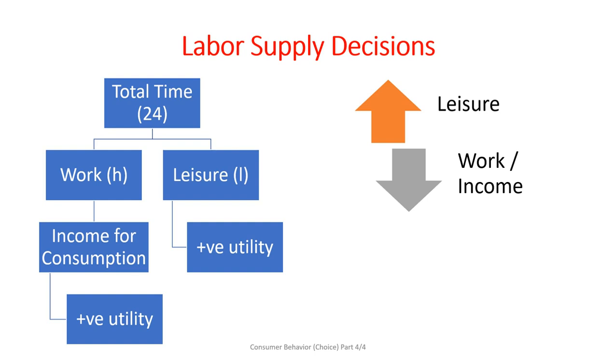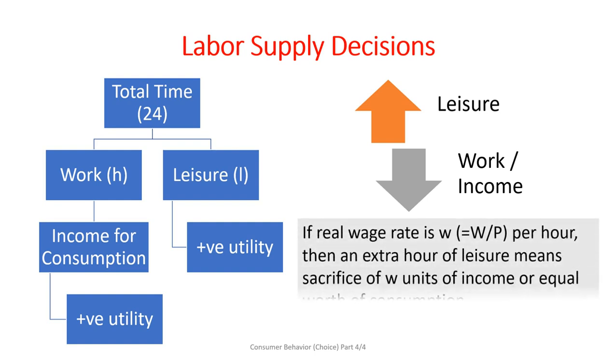So we can say that if the real wage rate per hour is W, then an extra hour of leisure means sacrifice of W units of income or equal worth of consumption. Therefore, the opportunity cost of leisure is W, that is the real wage rate per hour.